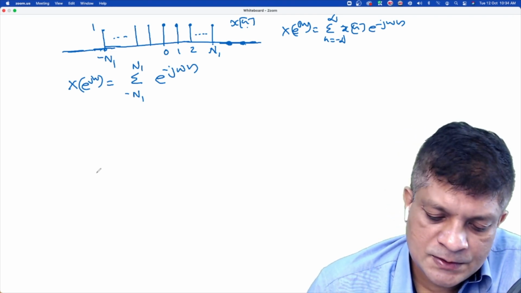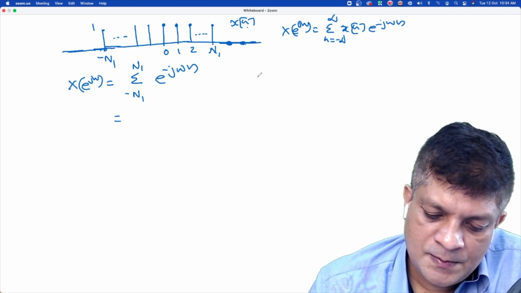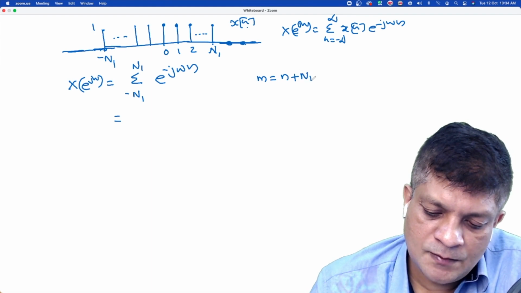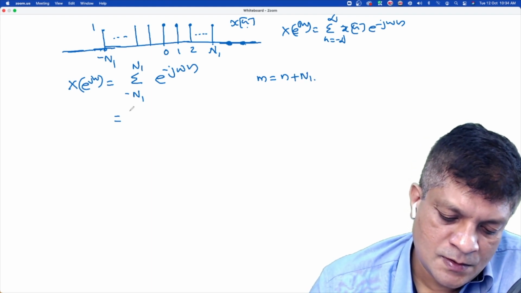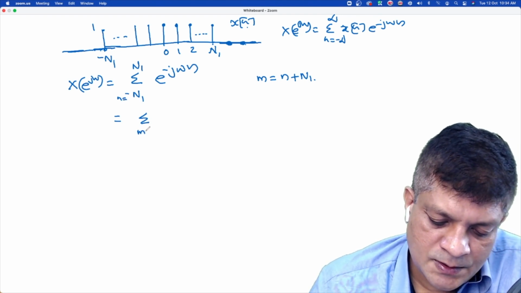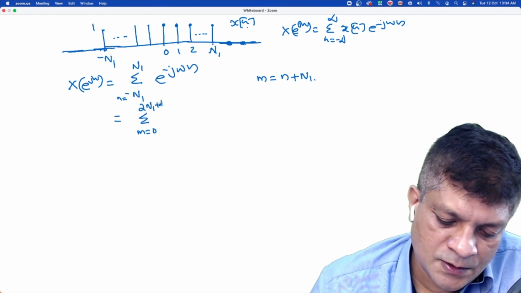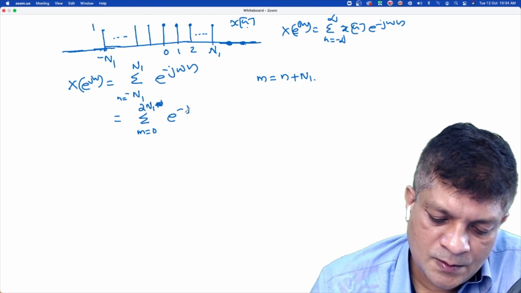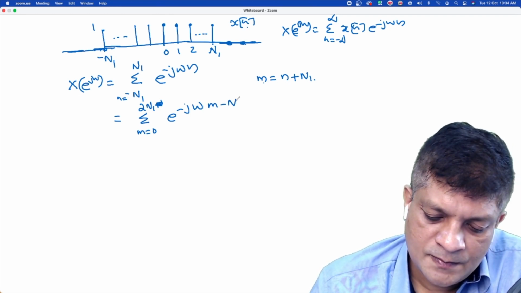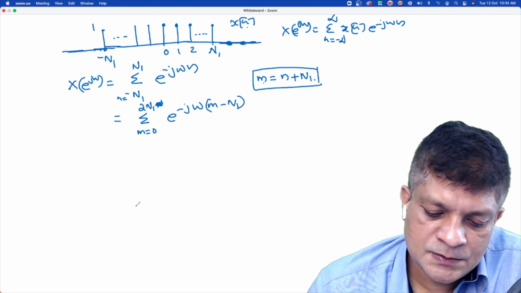Can we simplify this summation? Let me put m is equal to n plus n1. Then we can write this as summation m from 0 to 2n1 of e to the power minus j omega, n is m minus n1, isn't it? Now can we simplify this?